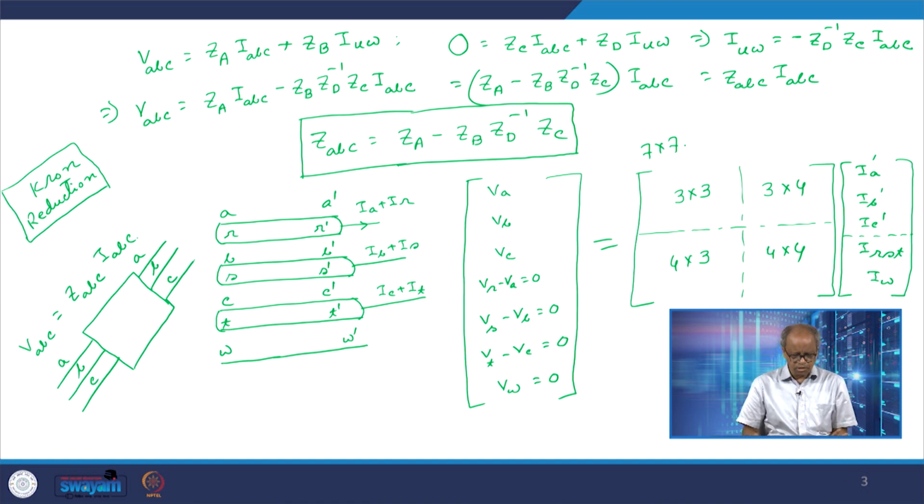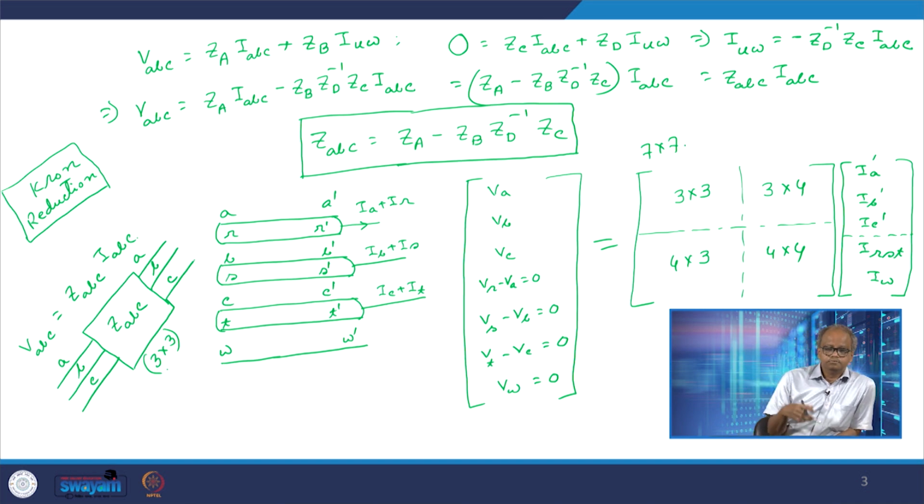Anything is possible. Ultimately, we can represent the line as a 3 cross 3 matrix, the ZABC matrix. So we can represent a line, for the purpose of modeling, by its equivalent 3 cross 3 impedance matrix.